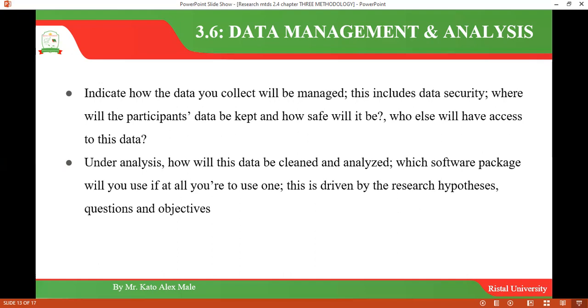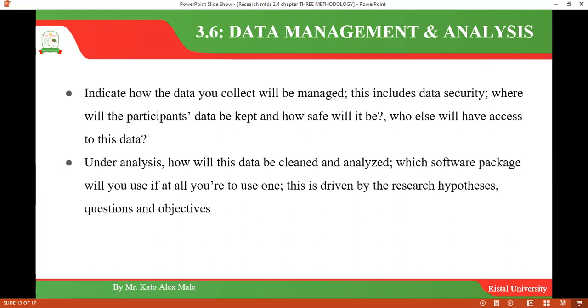Are they going to be safe? You get who else will have access to this data? You understand? You tell us all of this information, that such and such a person is a co-investigator. I'm working with him. Therefore, he will look at this data or he will have a copy of this data. You understand? How safe will it be? Are you going to lock it somewhere? Yes, that flash disk, is it going to be guarded with a password? You must tell us all of this information.